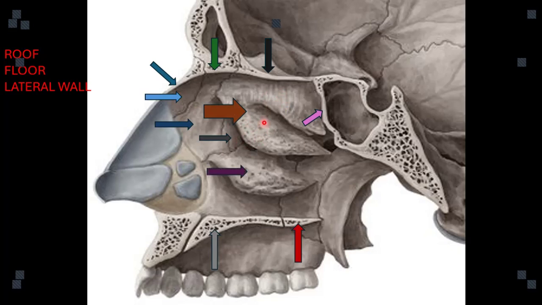Also, we have the inferior concha, which is considered a separate bone, and then the perpendicular plate of the palatine bone, which has a sphenoid process and an orbital process. Between the two, you have an opening known as the sphenopalatine foramen, which is the communication between the pterygopalatine fossa and the nasal cavity.